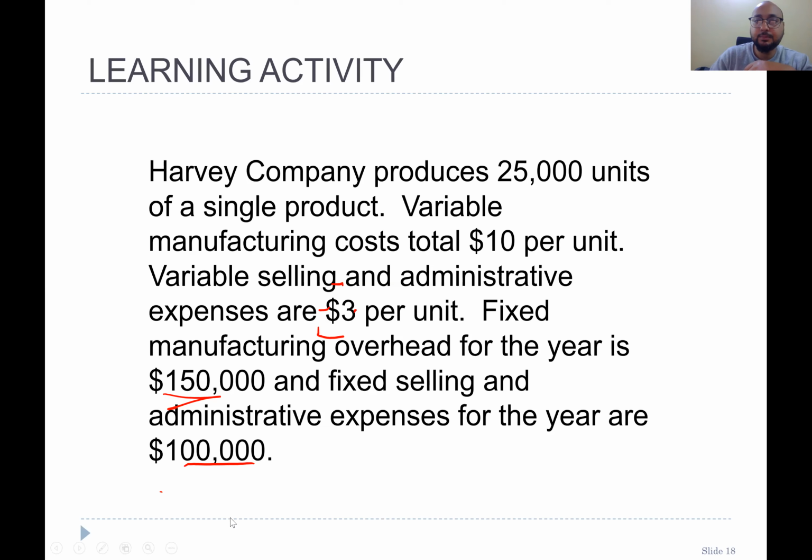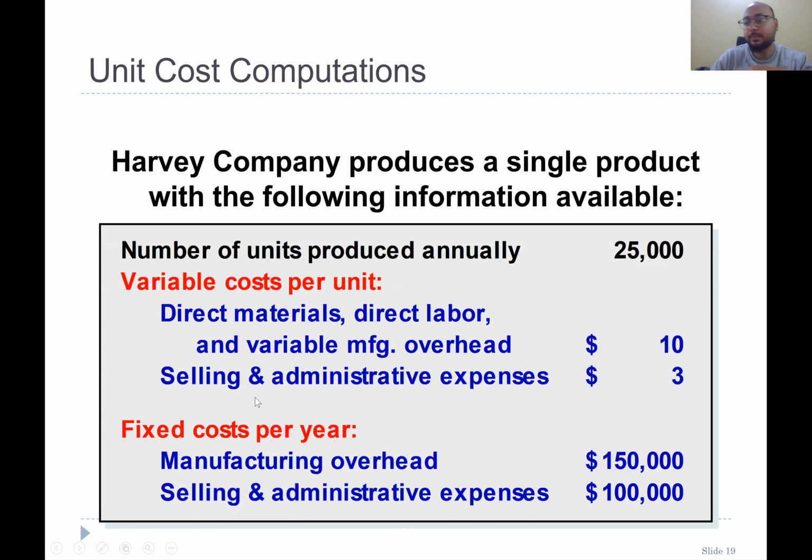Now, let's talk about this. Basically, this is the data that is given. So they annually produce 25,000 units. Variable costs, they already mentioned to us that 3 is variable selling and 10 is the variable direct material, direct labor, and variable manufacturing overhead.